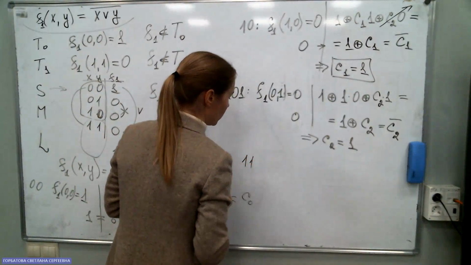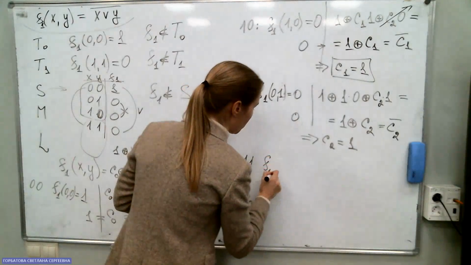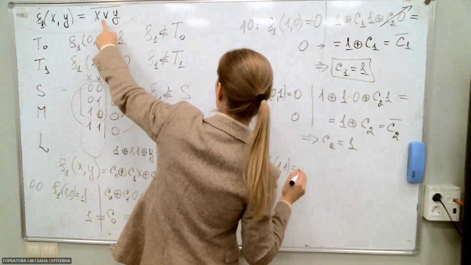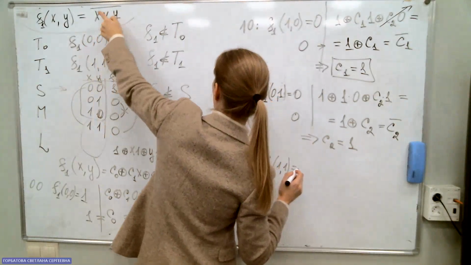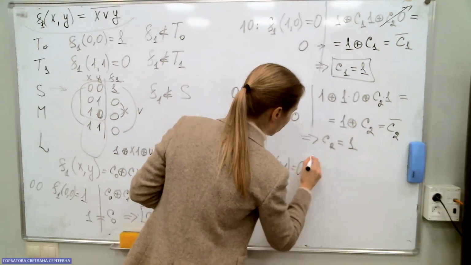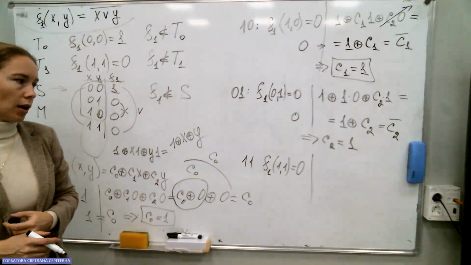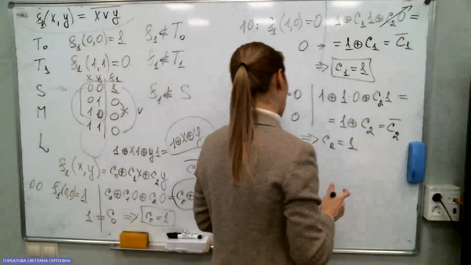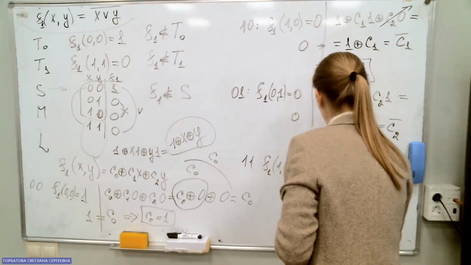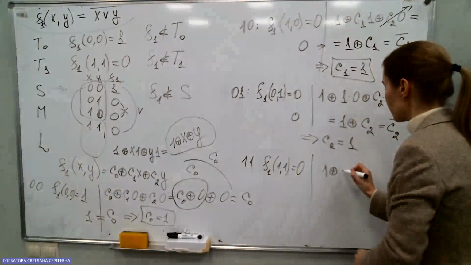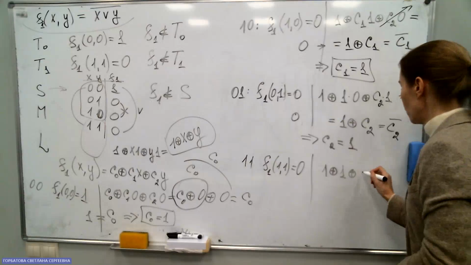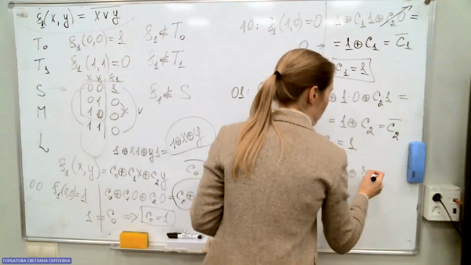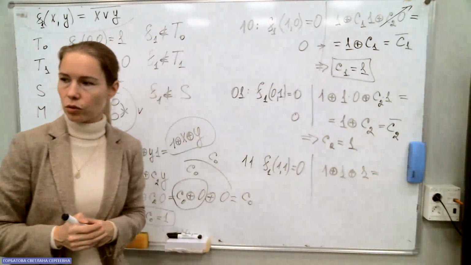So point 1, 1. We know that function f1 of 1, 1 equals to 0. 1 disjunction 1, all negation, it is 0. That is the left side. And the right side, our new expression 1 plus modulo 2 x1 plus modulo 2 y1. What is it equal to?